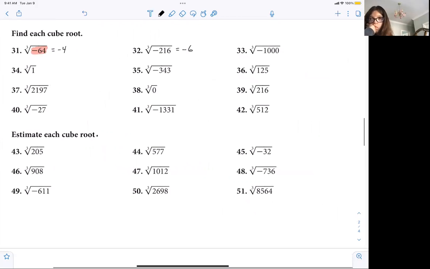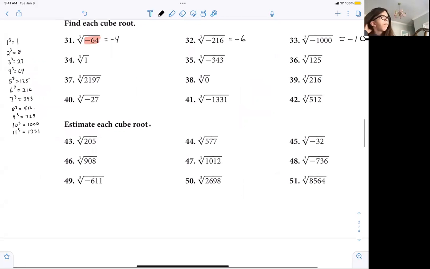So what's the cube root of -1,000? -10. Cube root of 1. 1. Cube root of -343. -7. Cube root of 125. 5. Cube root of 2197.